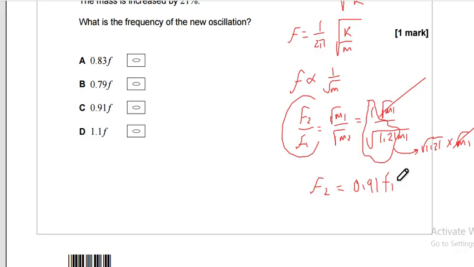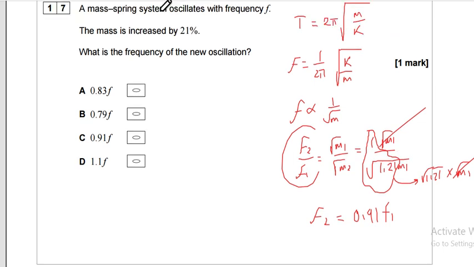We need here to clarify why we write m2 to be 1.21, because there is an increase by 21%. So it is 100% for the original value, and 21 more than that, same as 1.21.